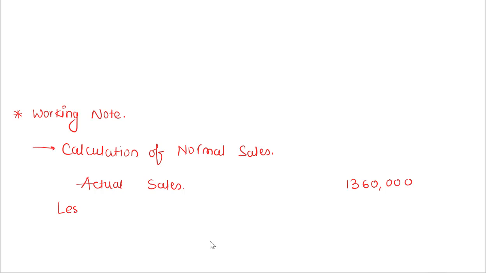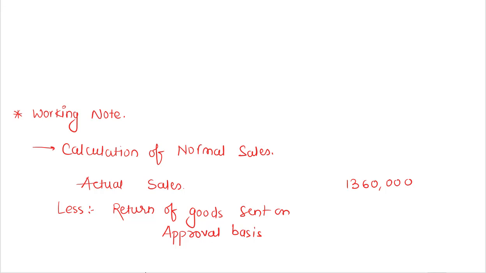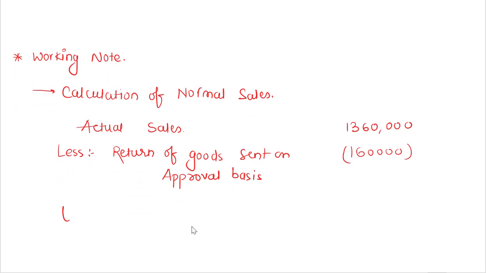So just write less: return of goods sent on approval basis. The return amount is 1,60,000, less.